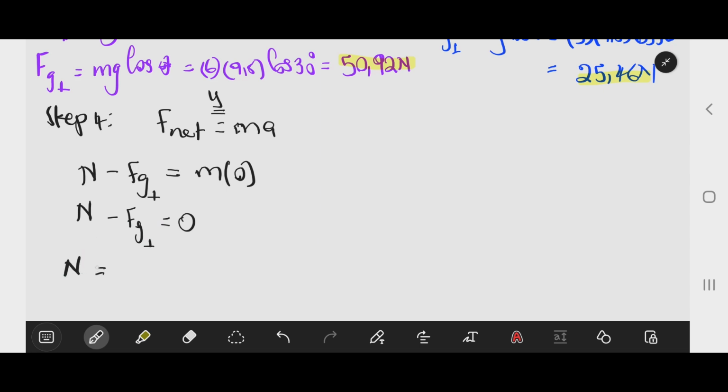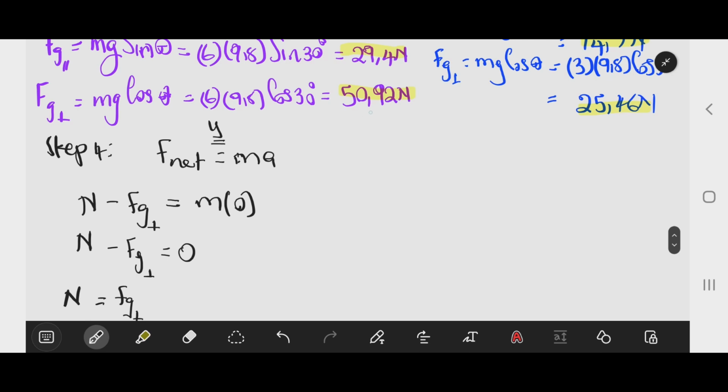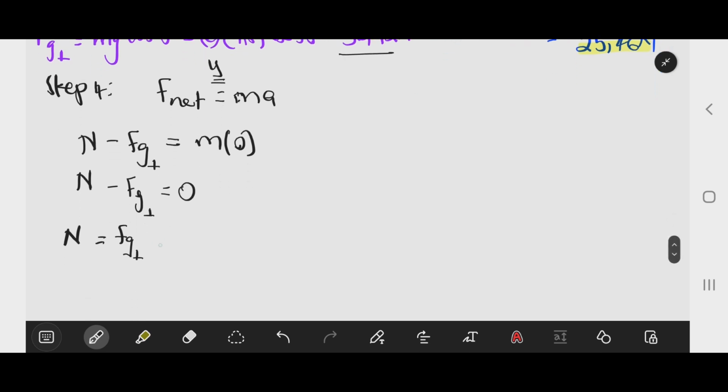So my normal force is equal to Fg perpendicular for that object. And remember, we have calculated our Fg perpendicular to be 50.92 up here, okay? So it means the normal force is equal to 50.92 newtons. So that is our normal force.